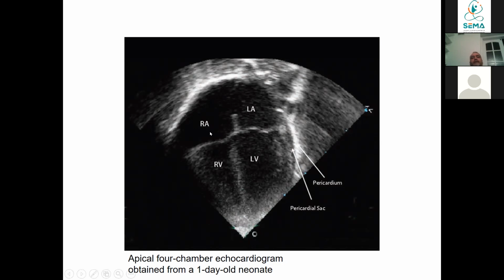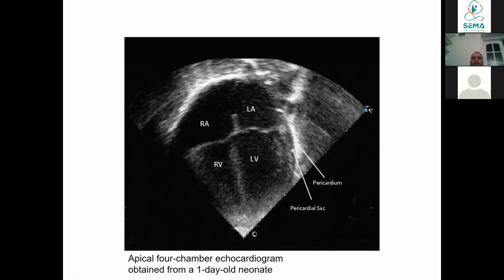So you have here the right atrium, left atrium, left ventricle, right ventricle, and the septum, the IVS, intraventricular septal wall. Here you will see the descending aorta, and sometimes the precardial area, if you want to look for the precardial sac, for any precardial effusion.